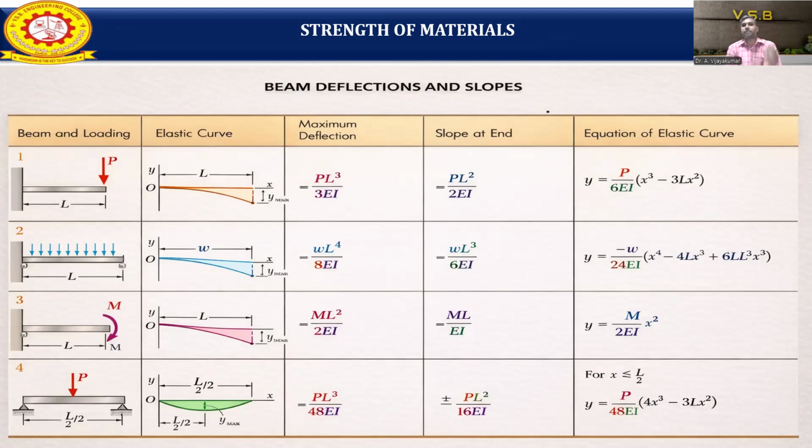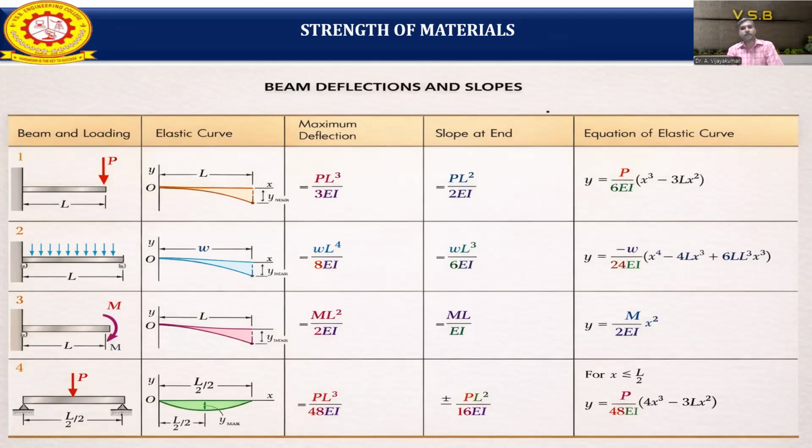The second column is about the elastic curve, that is, y max. For different loading conditions, how the bending happens and what the maximum deflection is, whether for a point load, a uniformly distributed load, or a couple, for simply supported or cantilever beams, whatever the condition, what maximum deflection occurs. Then the slope at end A or B, what slope occurs for a point load, uniformly distributed load, or different supporting conditions, and the general governing equations for the slope, deflection and elastic curve are also shown in tabular form.